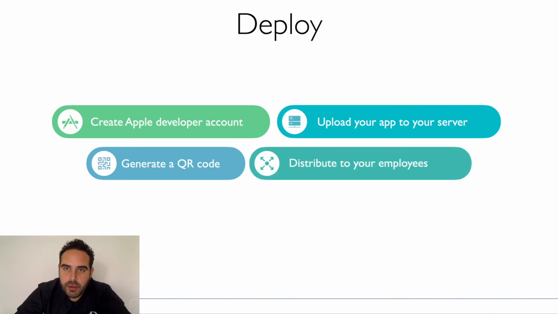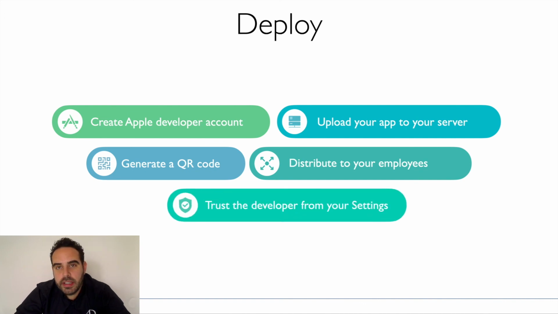Then, when your QR code is ready, you can distribute it to your employees, who will scan it to install the application. And finally, your employees will have to trust the developer from the iPhone settings to install the application. So the process is very easy to follow.